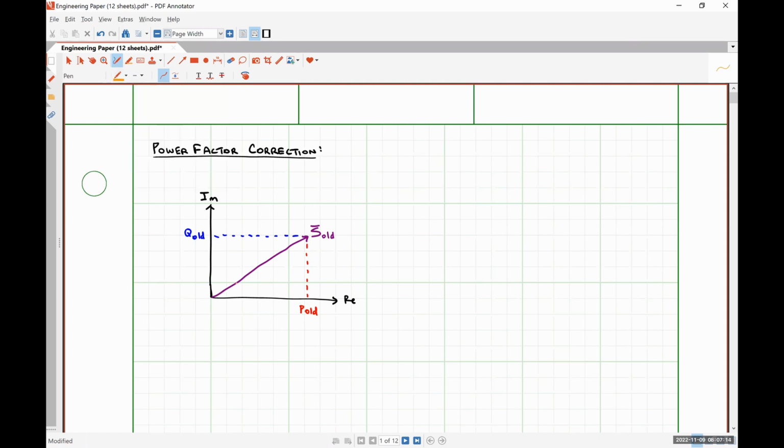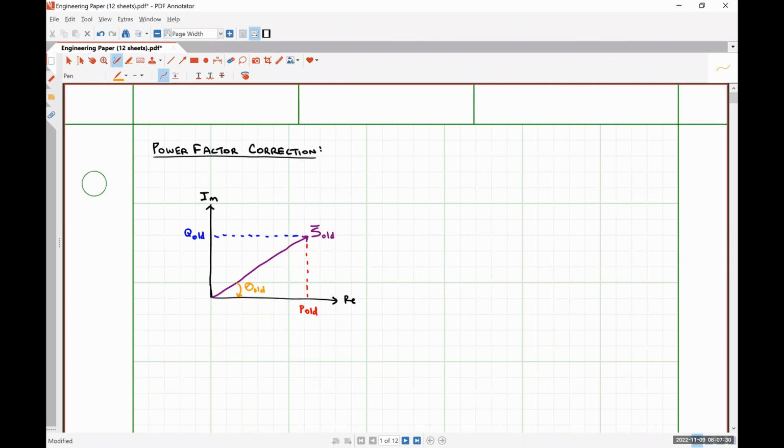And finally, the angle formed between S old and the real axis is going to be theta old, the power factor angle before power factor correction.